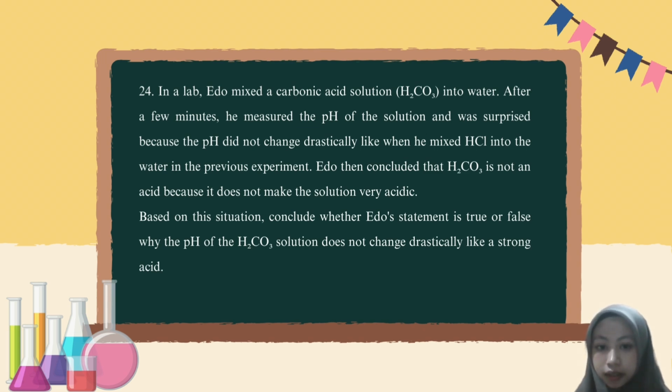Edo then concluded that H2CO3 is not an acid because it does not make the solution very acidic. Based on this situation, conclude whether Edo's statement is true or false. Why does the pH of the H2CO3 solution not change drastically like a strong acid?